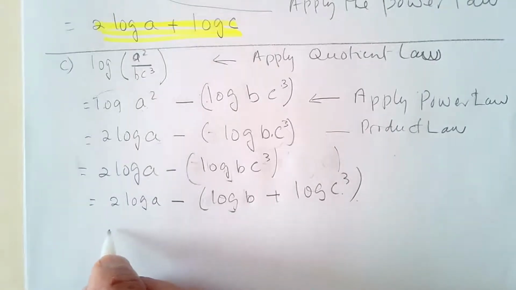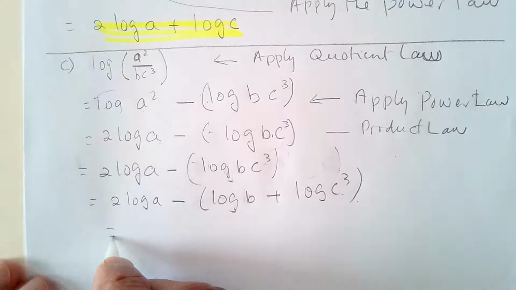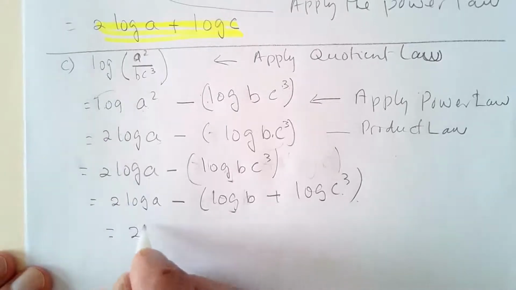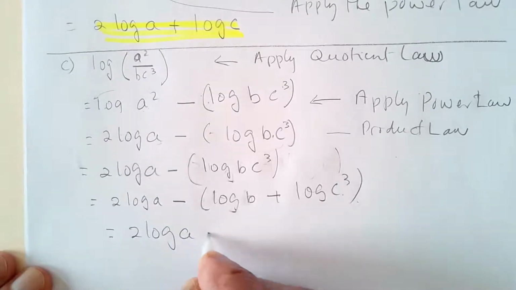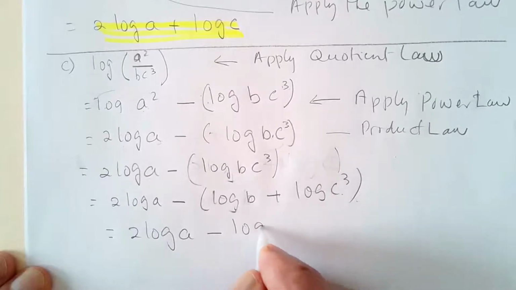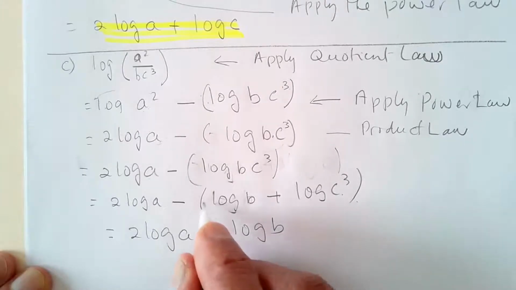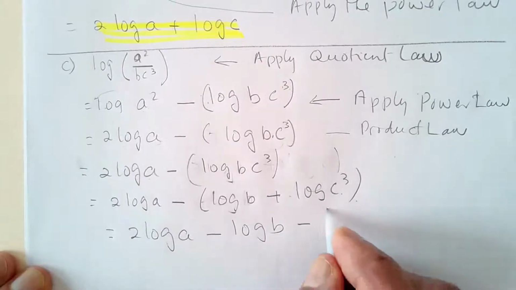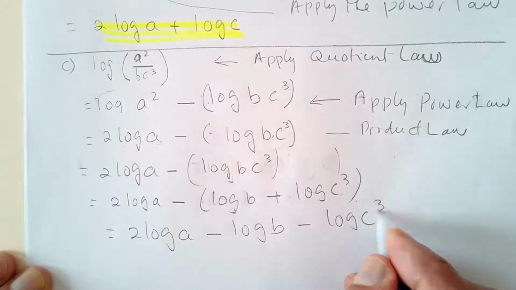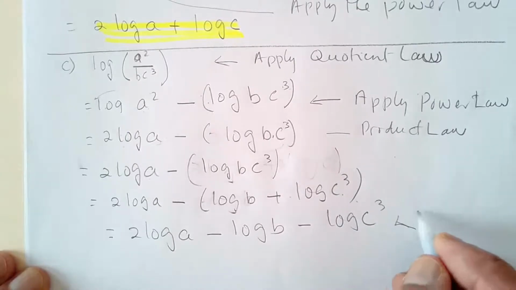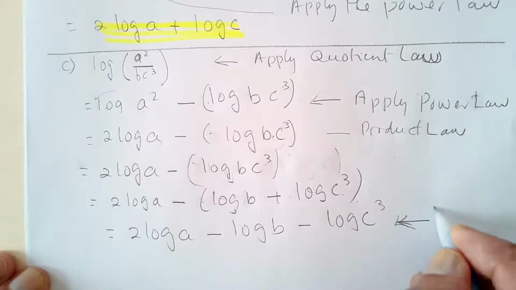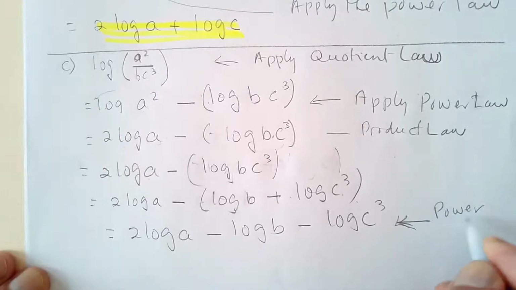So simplify this, and we'll end up with 2 log A minus log B minus log C cubed. Now I'll apply the power law.